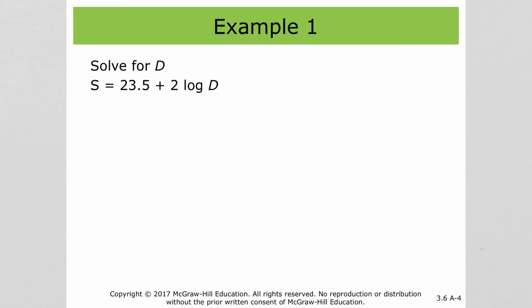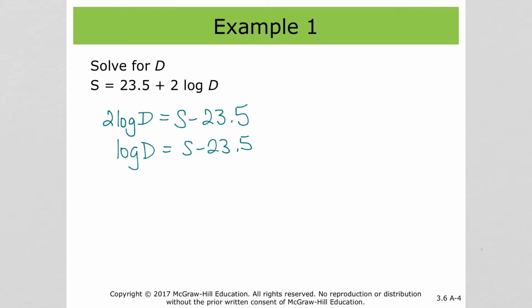So for example 1, it just wants us to solve for D. Well, that's not so bad. Let's get the 2 log of D on the left, and subtract 23.5 from both sides. So we've got S minus 23.5. Then divide both sides by 2. Okay, don't let that S bother you.